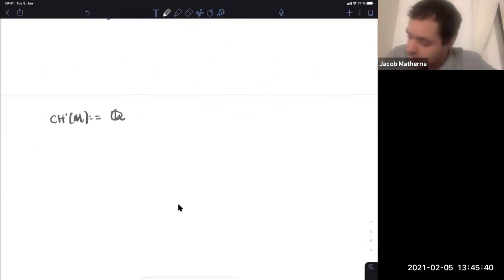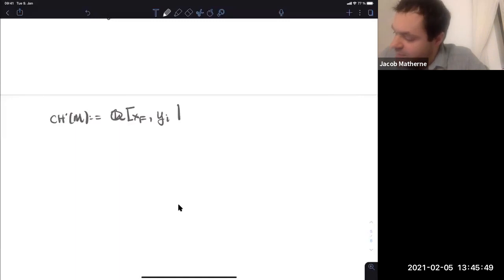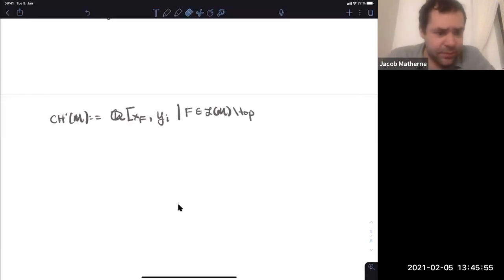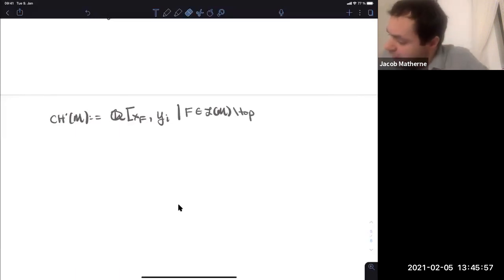So I have some generators, some X's and some Y's, okay? The X's are labeled by proper flats, so every one except the top of the poset. And the I's, so maybe I'll write it like this.